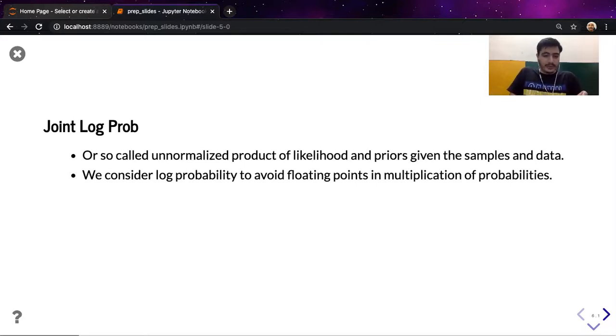The log term in joint log probability is there because we have to be careful when we deal with values which are close to zero. When we compute the joint probability, the probabilities can be close to zero and their product will ultimately be close to zero. So that's why we use a log term to split the product into sums.